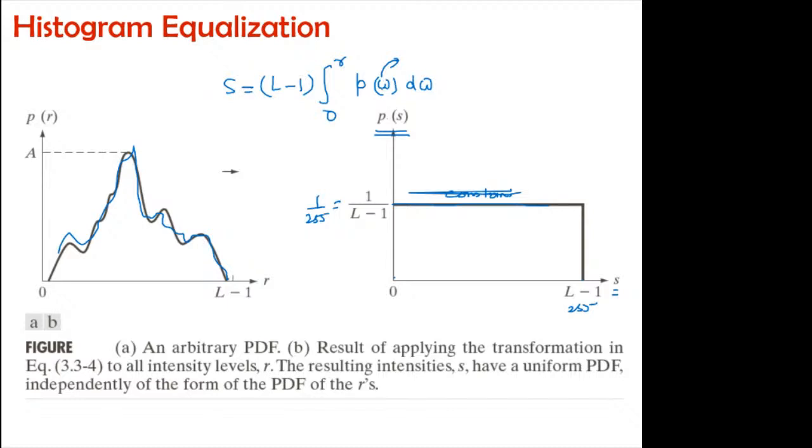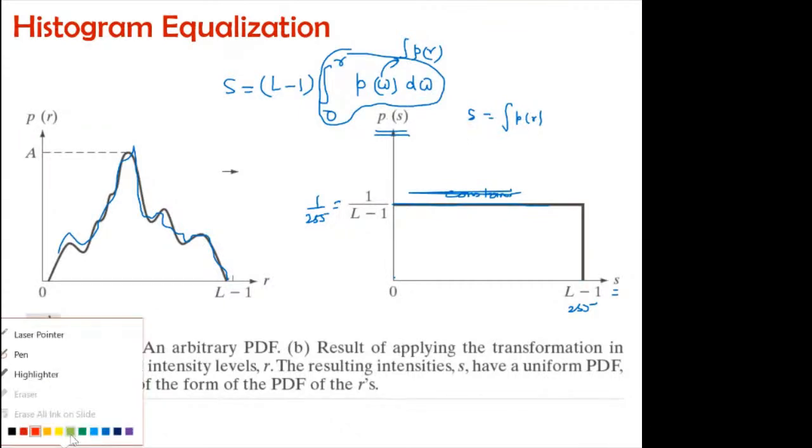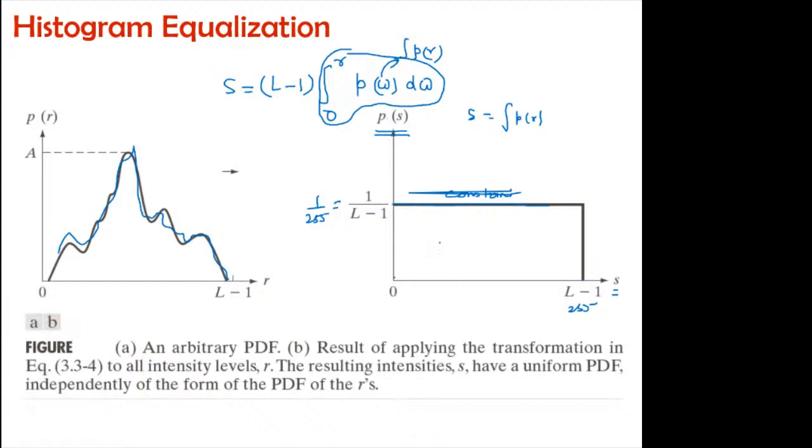This thing will come in terms of r. In fact, this is pr. You are sure that the output probability density function will come out to be a constant. Do you understand the point? This is the probability density function of the output intensity values. And we wanted it to be constant.